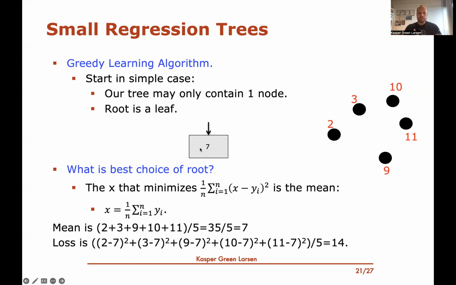Now if you return 7, you can compute the loss: you sum over all the points 2 minus 7 squared, 3 minus 7 squared, 9 minus 7 squared, 10 minus 7 squared, and 11 minus 7 squared, and then take the average. If you compute this, you get 14. This is the loss for using this root value.